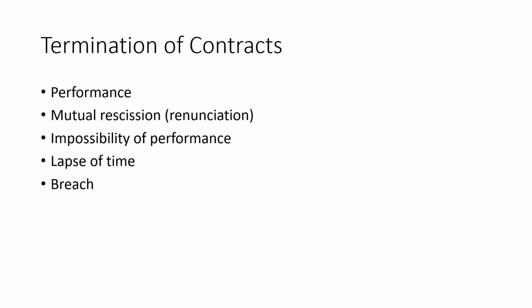Then obviously I can't go ahead and buy a house that doesn't exist anymore. And once again, because of the Statute of Frauds, 5 or 4 years, lapse of time will cease the contract. And of course there's a breach. In other words, if one of the parties refuses to perform as promised in the contract, then that is a breach, and then we go into a different set of circumstances.